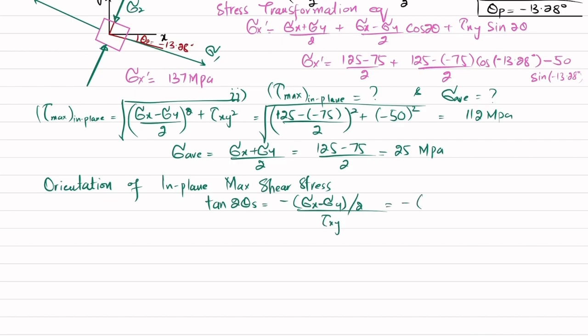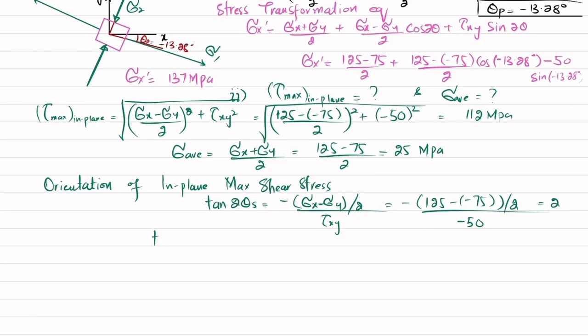So put the value, minus (125 minus (minus 75)) divided by 2, divided by tau of xy, which is minus 50, and that will give you 2.